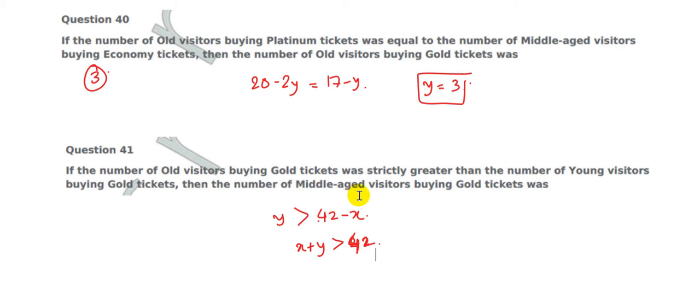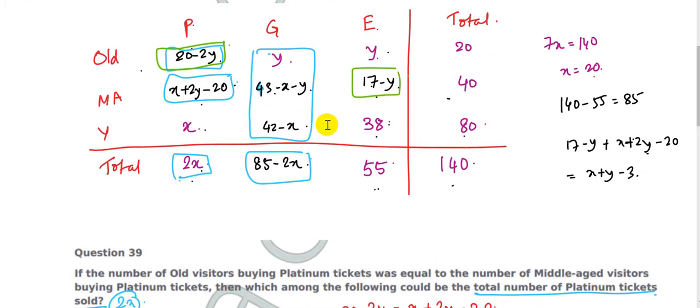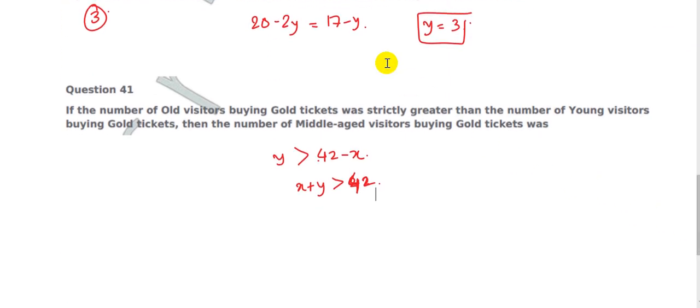So middle-aged and gold is 43 minus x plus y. So 43 minus of x plus y will be what? So x plus y is greater than 42. So that means minus of x plus y is less than minus 42.